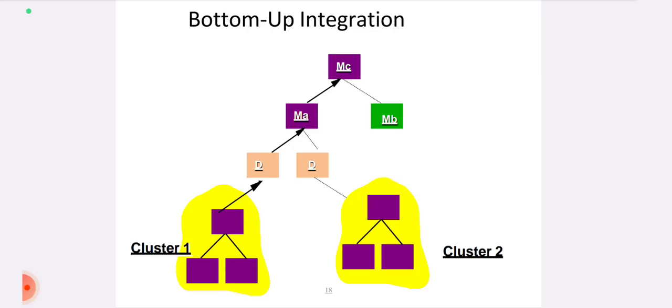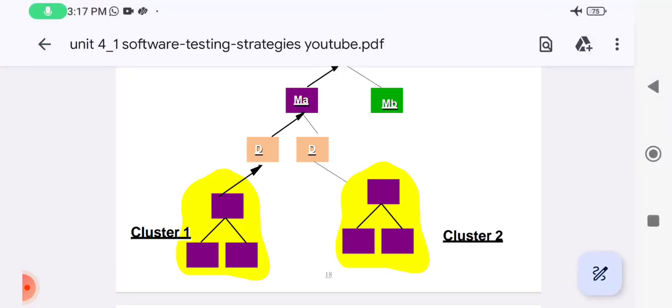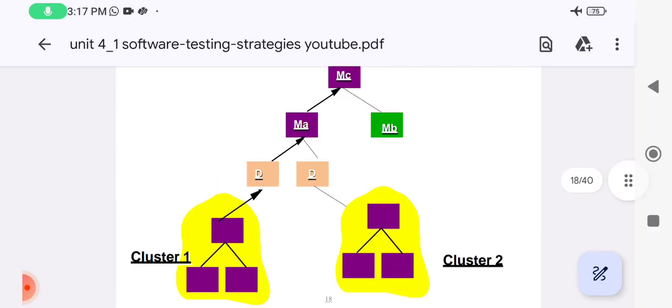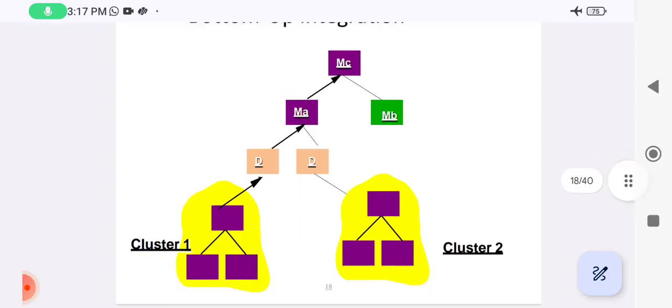If it is clear, again cluster 2 will be tested with driver software. If there is no error, then it will be again clubbed with MA. Once cluster 1, cluster 2 and MA have been tested and combined together, then we integrate it with MC. Then it will be integrated with MB.